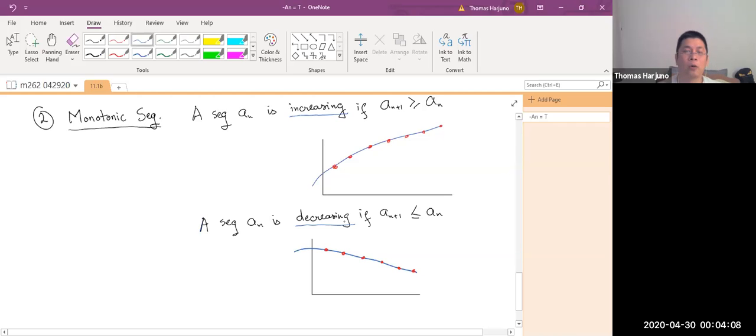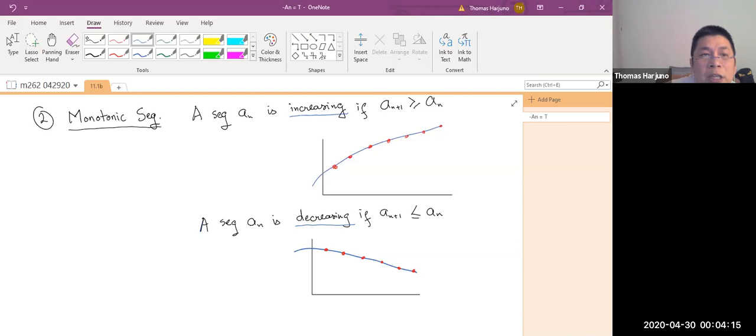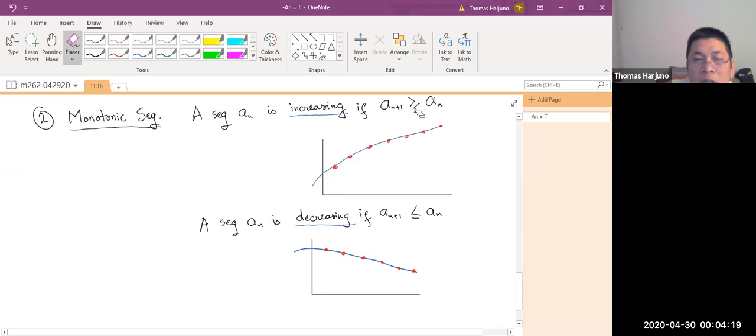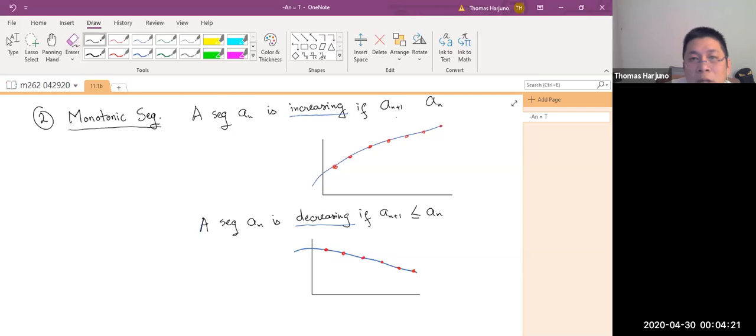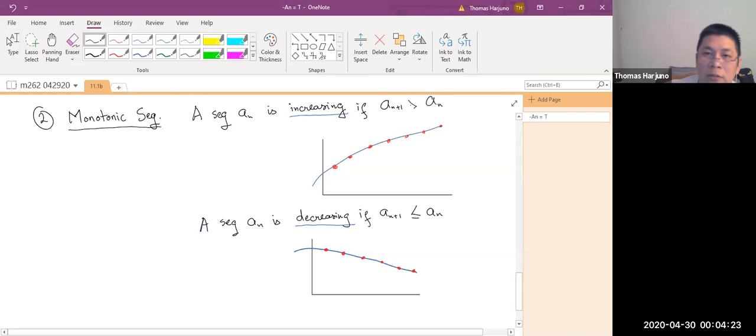Now some terminology. I think they are quite easy to understand. A sequence is strictly increasing if you don't have the equal sign here. Now this is strictly increasing. If we just say increasing, it is possible that the next term is still equal. But when we say strictly increasing, the next term has to be greater.